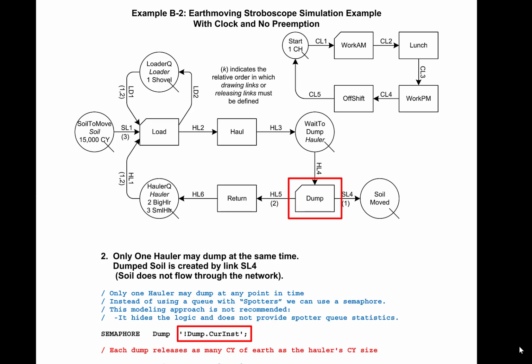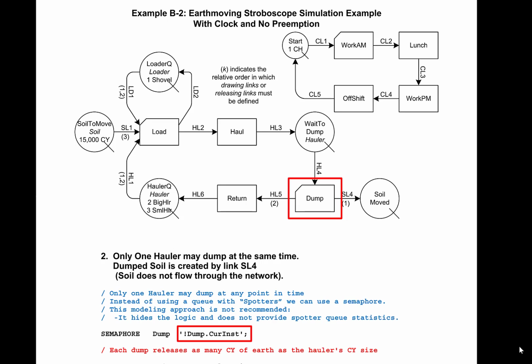The variable dump.carInst gives us the number of current instances of activity dump, which in this model can only have the values 0 or 1. It is 0 if dump does not have any current instances, and it is 1 if there is one instance of activity dump going on.